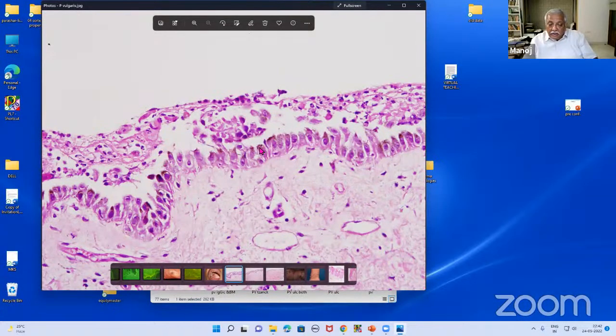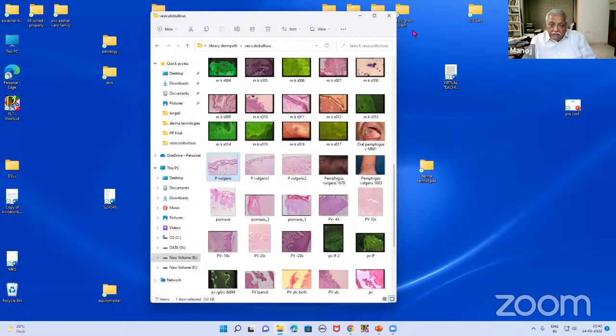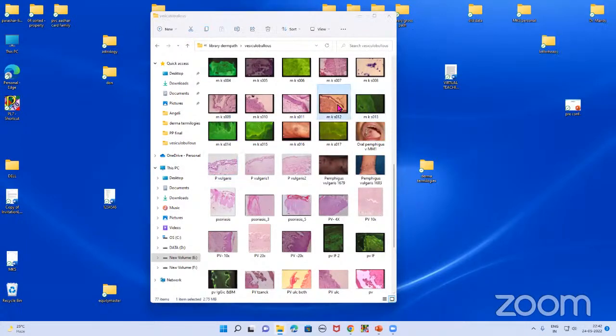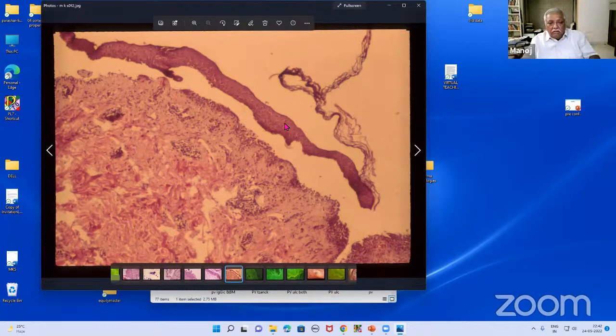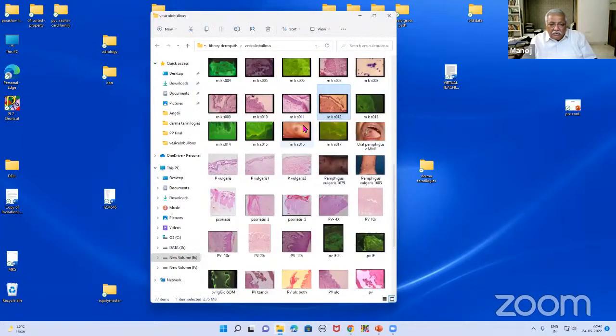So desmosomal junctions are gone, but this is attached. So the basal layer remains with the lower part, everything else goes up. This is suprabasal. Is that clear? I think that is perfect. Yes, sir. Again, not a good photo.